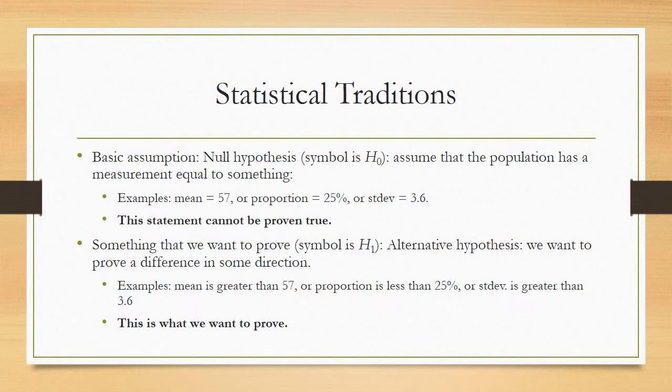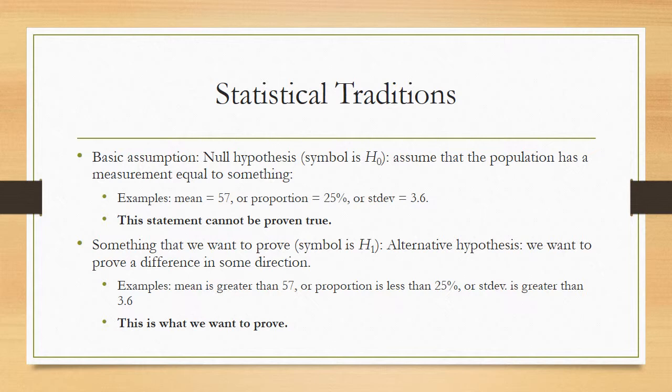And then we have the question of what is it that we're trying to prove? It's very important to understand what we're trying to prove is called the alternative hypothesis. We cannot prove the null hypothesis. We cannot ever prove from a sample that we have something equal to a number. Like we said, you can't do that.